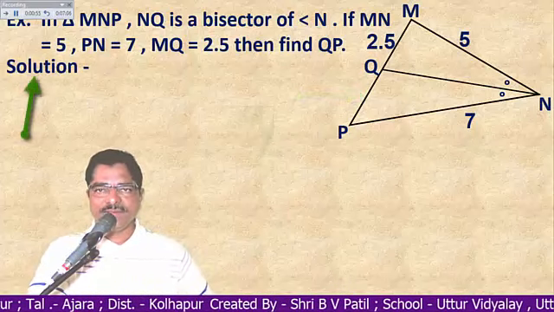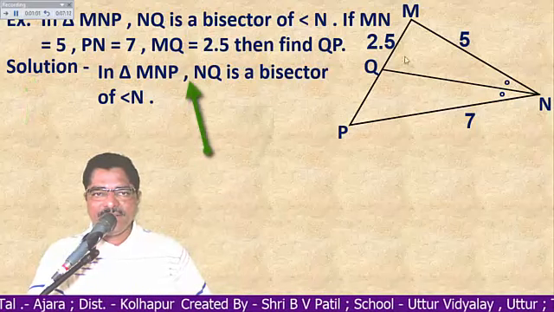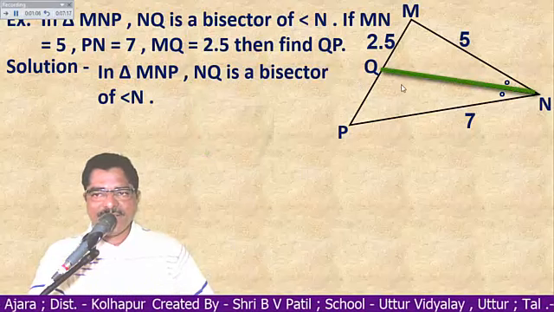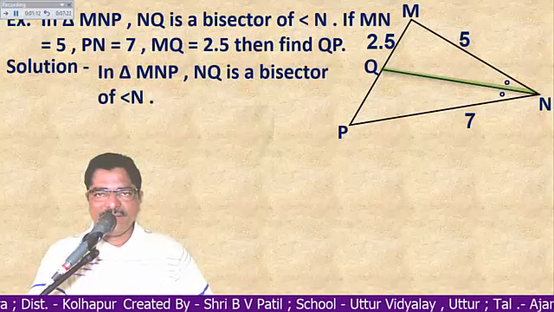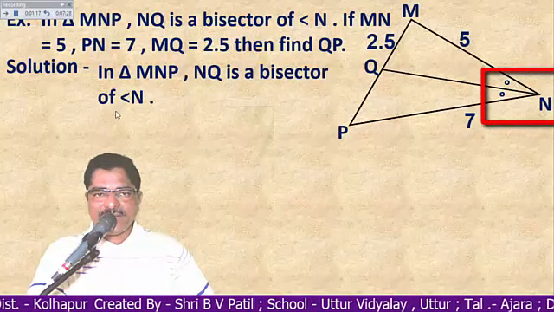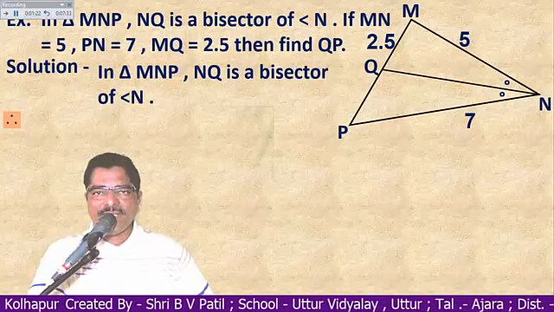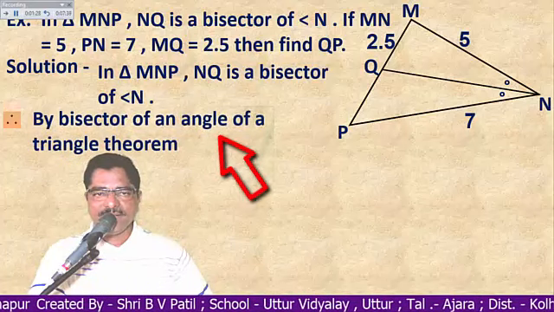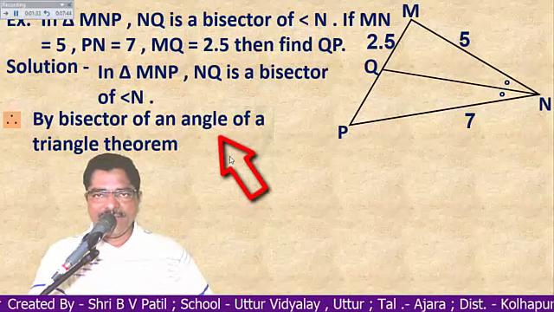In the solution, what is given? The bisector is given. In triangle MNP, segment NQ is the bisector of angle N. Therefore, we use the bisector of an angle of a triangle theorem.